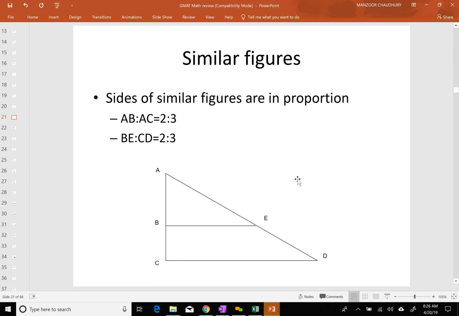Also, these affect the sides. The sides will have the same ratio. Let me give you an example. Actually, let me just copy this and put it in the notebook.